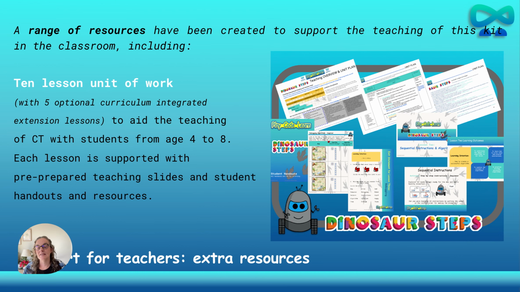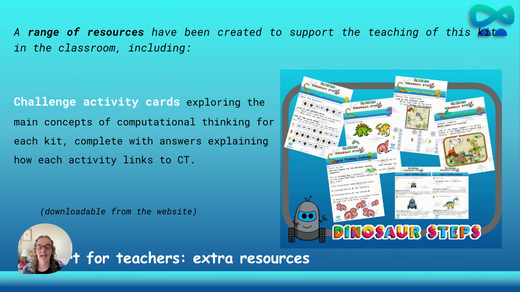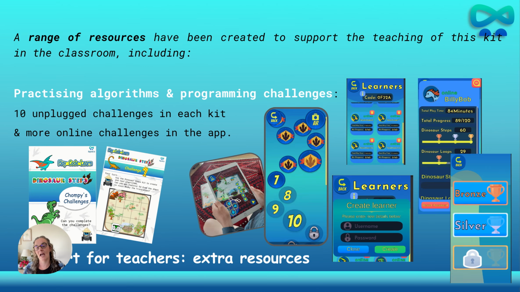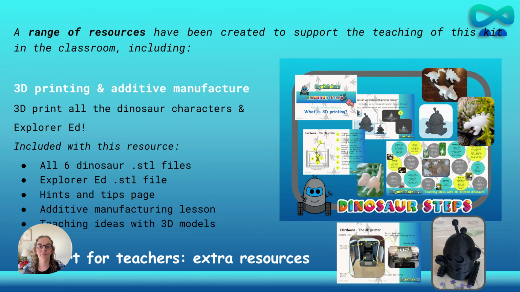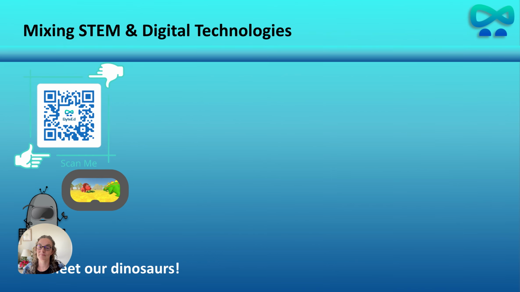Included in here is a 10-lesson unit of work, which is very comprehensive and has all the teaching slides and the student handouts created for you with differentiated tasks. There's also other resources on there for absolute beginners, the ebooks. There's even things like 3D printing and extension tasks like challenging cards as well. Oh, and dinosaur fact cards.